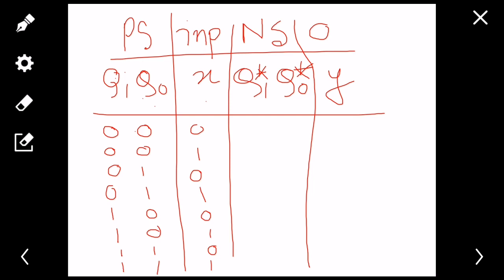So at 00, I'm giving input 0, so it is 00. When the input is 1, it goes to 01. But when the present state is 01 and I give 0, it goes back to the initial state. With input 1, it moves towards the next state. Again, a 0 goes back to the initial state, and at the last state it stays.